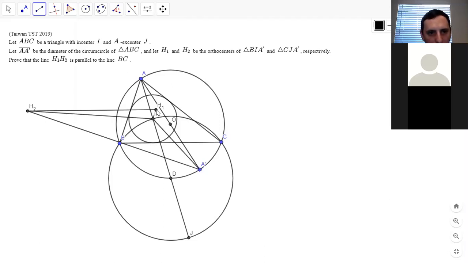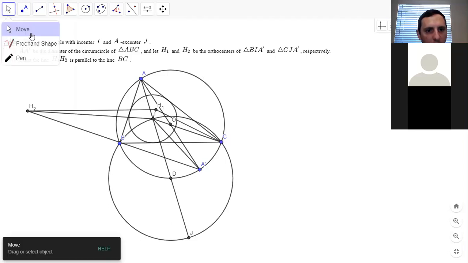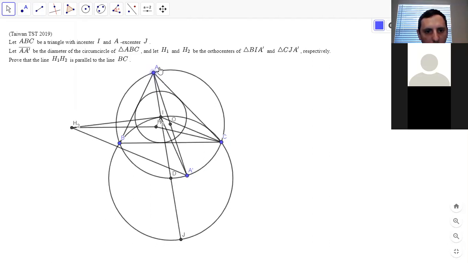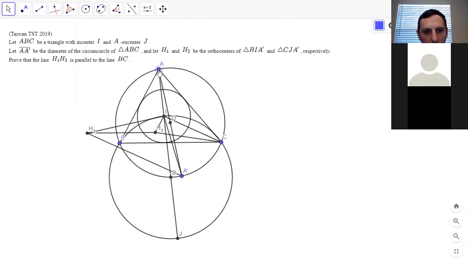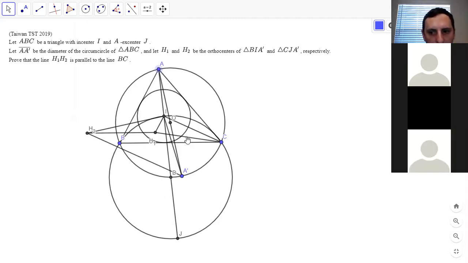So okay, we want CJA prime. Wait, EIA prime and C. Yeah, I think I don't need some of these points. Let me delete this.